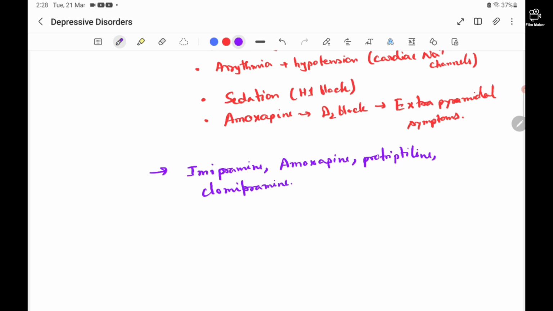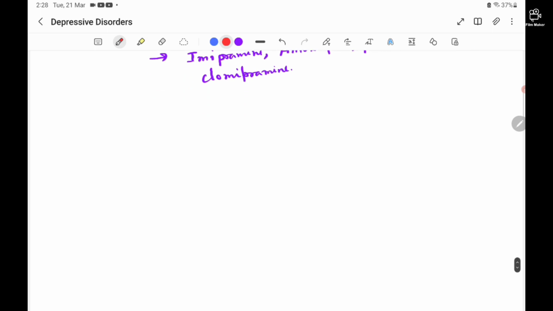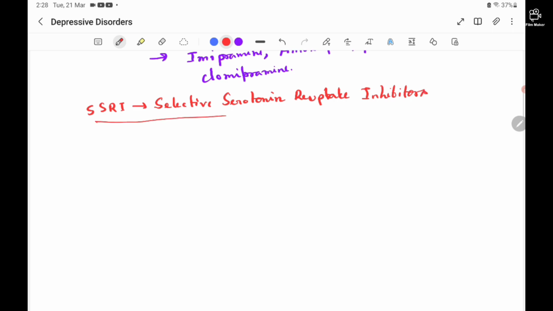Now, in the next group of drugs, let us discuss a very important group, which is SSRIs. What I mean by SSRI is selective serotonin reuptake inhibitors. Now, these primarily have the effect of serotonin reuptake block.